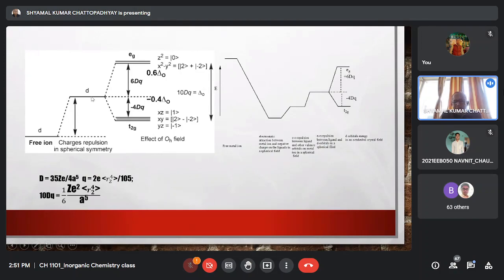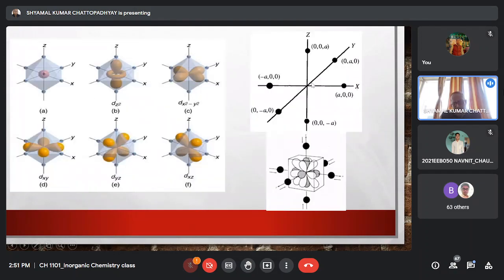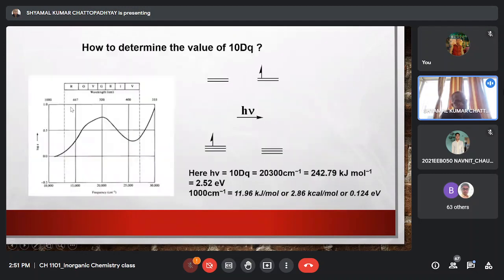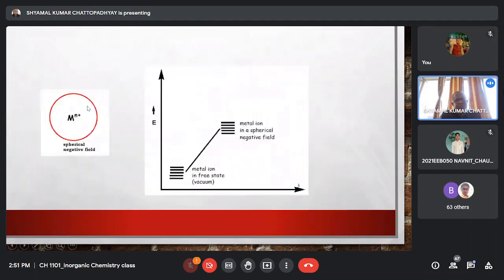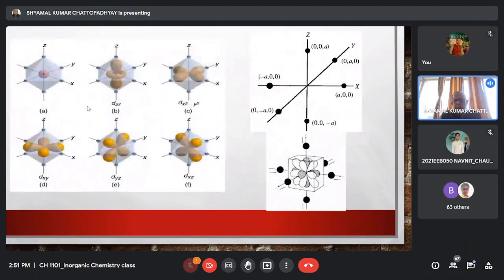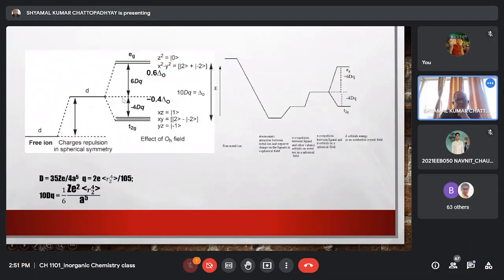Now we localize the charges. When you localize the charges, compared to the spherical charge situation, some d orbitals face less repulsion, some d orbitals face more repulsion.